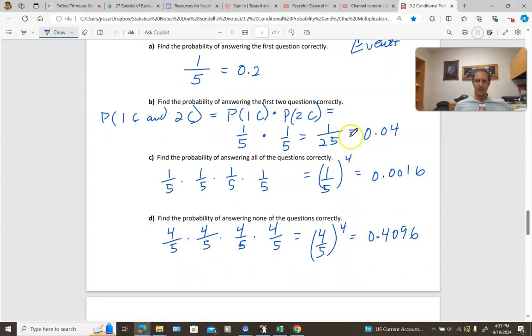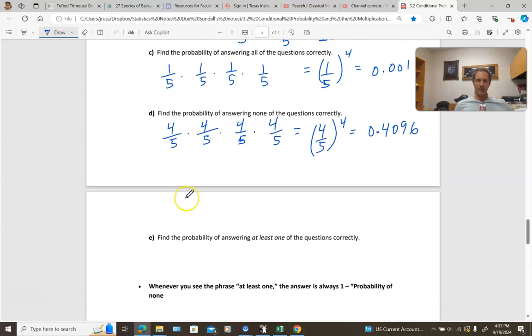All right, so what about the last one, part E here? Find the probability of answering at least 1 of the questions correctly. Okay? So this event right here is actually the complement to answering all the questions correctly. So if you don't answer them all correctly, you at least answer one correctly.